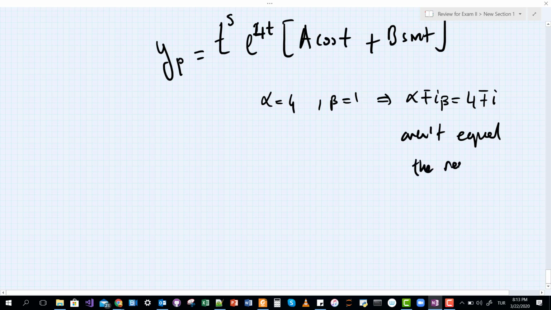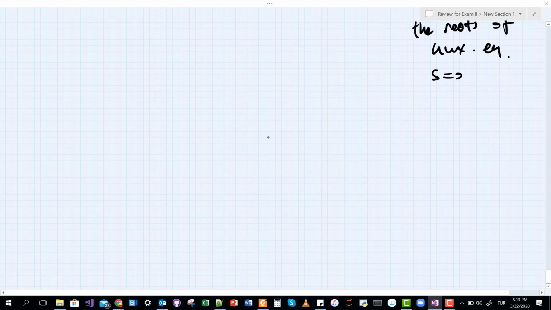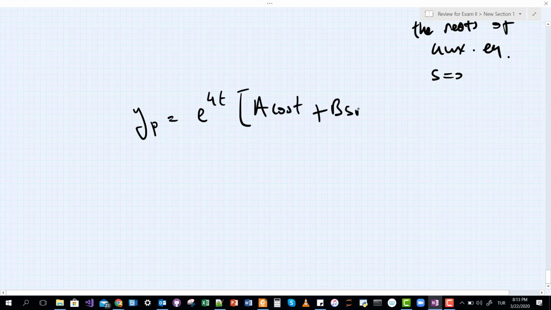That is why I don't need an extra term. s is 0 here. So I can just choose my particular solution in this way: e to the 4t times a cosine t plus b sine t.